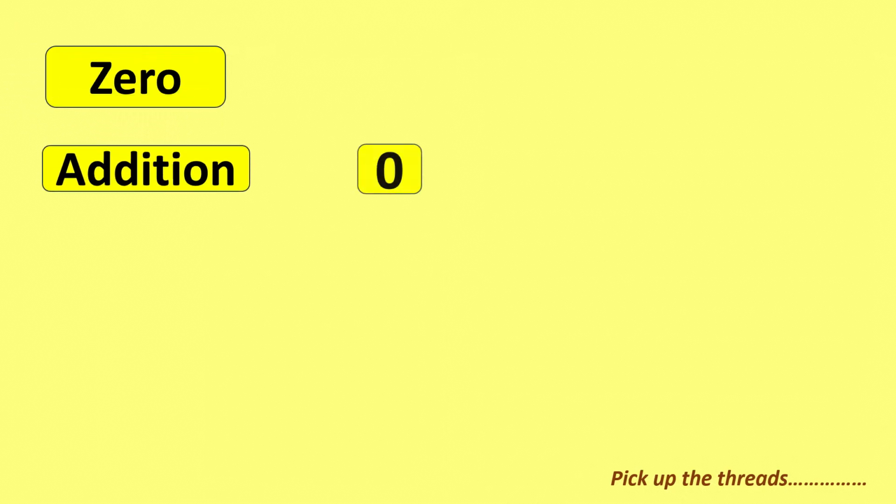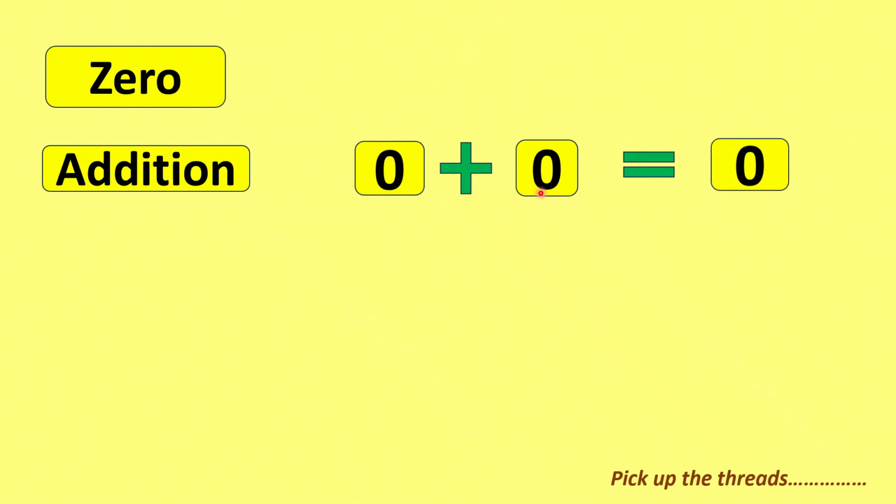Come on, the next point is about the zero, bacha. Addition. In addition, when we add a number with 0, and when we add 0 to 0, what do we get? We get 0. Why do we get 0? Because 0 means nothing.